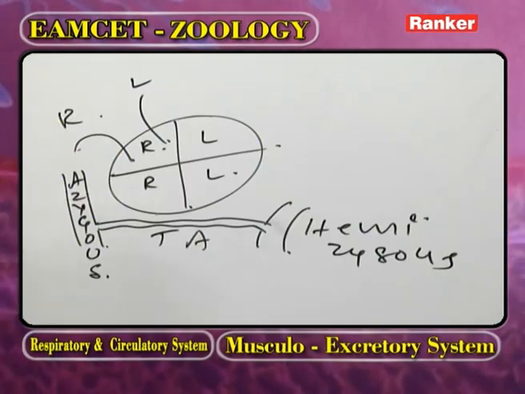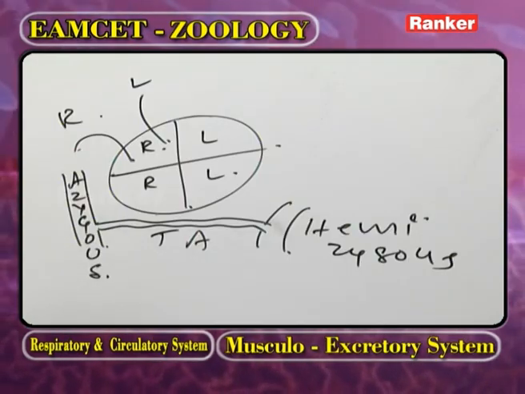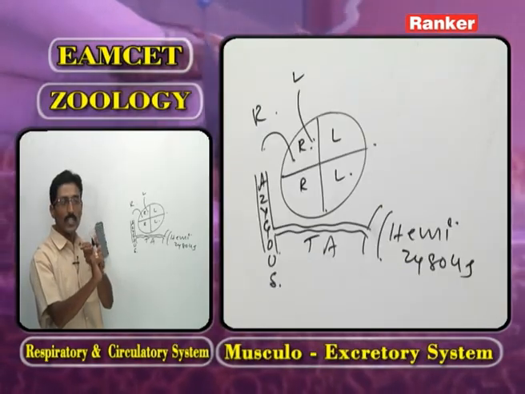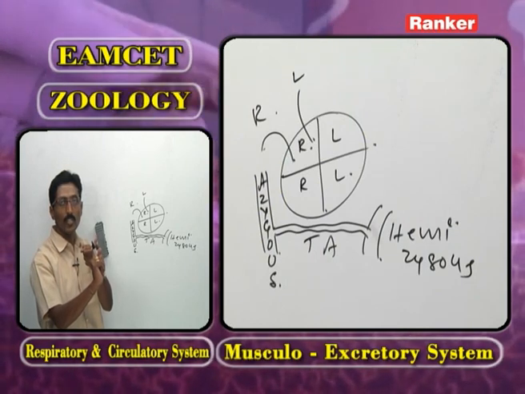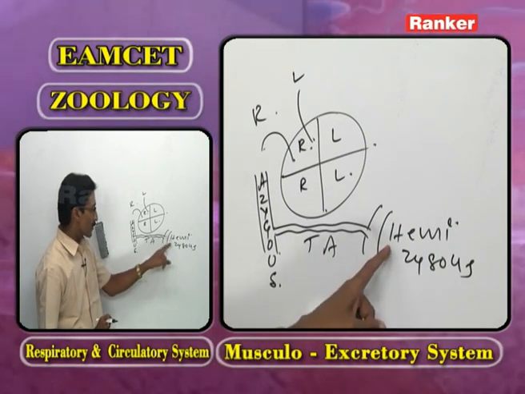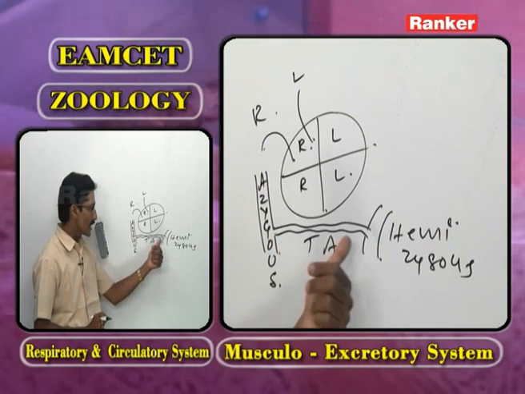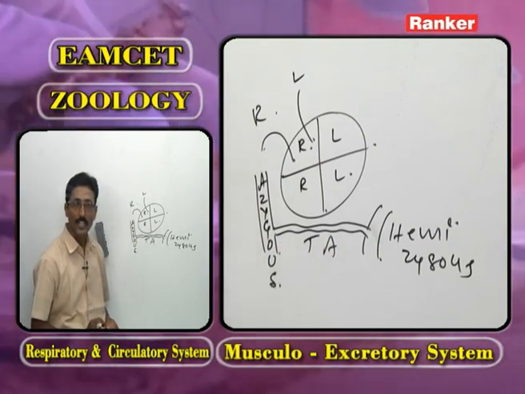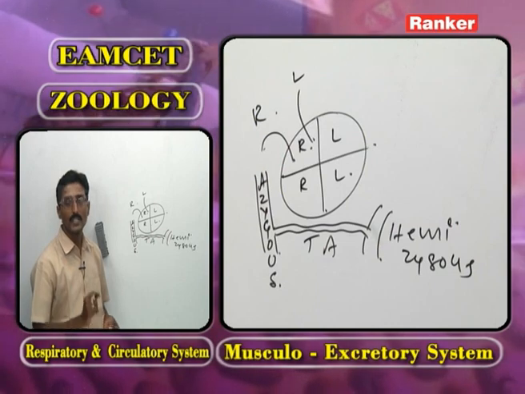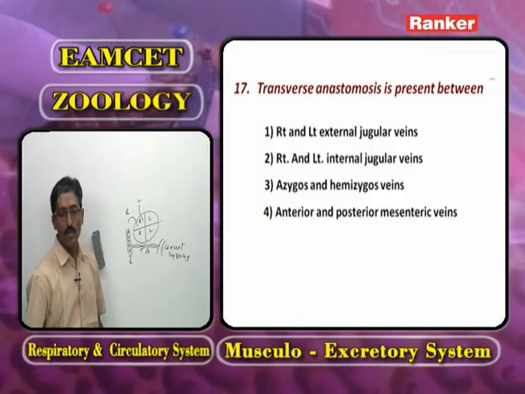In the last bit what we discussed, jugular anastomosis, the two external jugular veins are connected by the jugular anastomosis. Here the hemizygos opens into the azygos by a transverse blood vessel called the transverse anastomosis. Now we go for the next question.